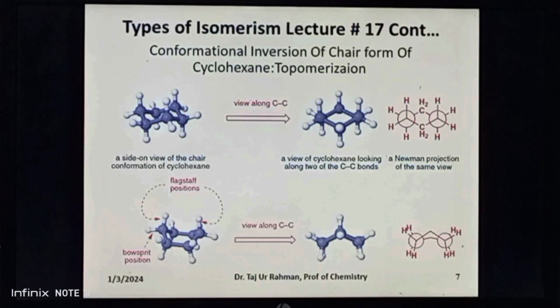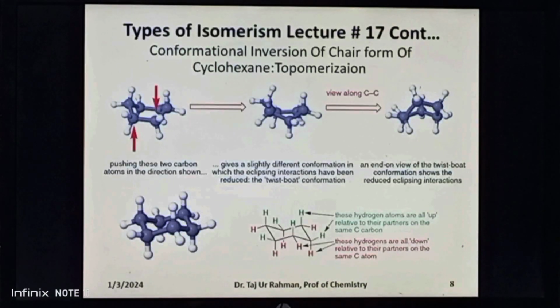In boat conformation, the two axial hydrogen atoms on both carbon 1 and carbon 4 atoms are too close to each other that they cause steric interaction, and this interaction is known as flagpole interaction. This slide again shows the boat conformation, the twist boat conformation, and end on view of twist boat conformation. In twist boat conformation, eclipsing interactions have been reduced as compared to boat conformation, and the twist boat conformation is more stable than the boat conformation.